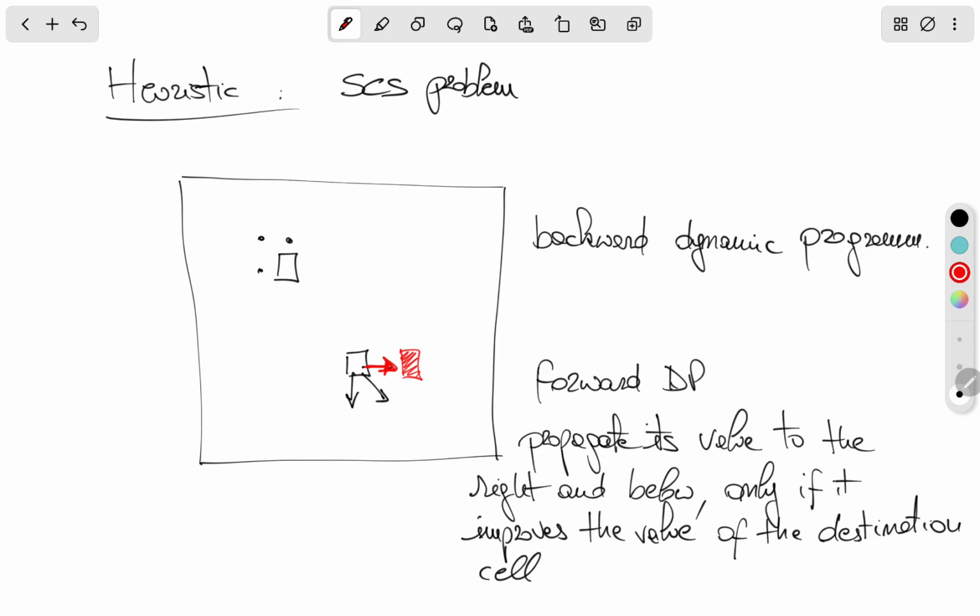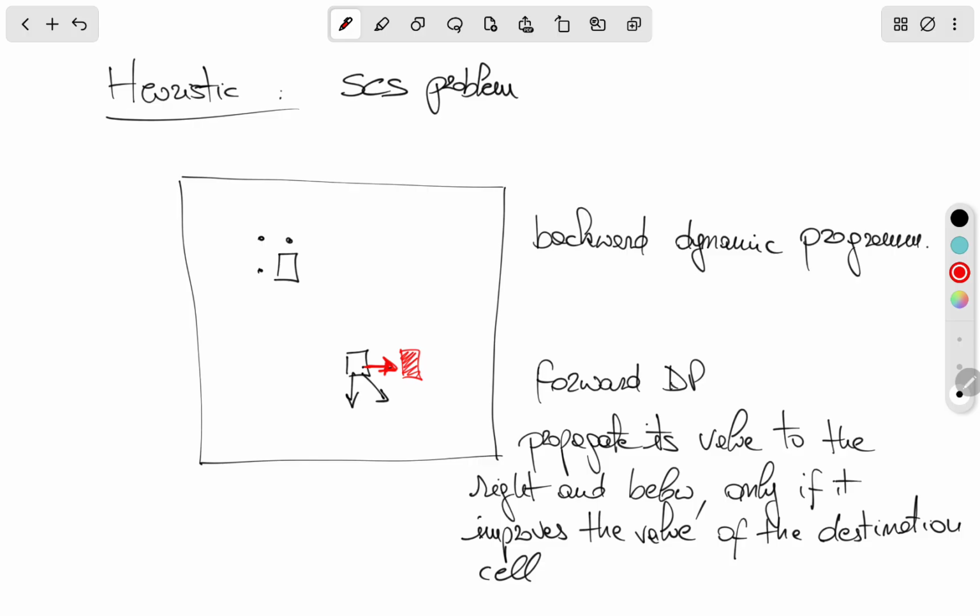You're that close with A star, but no, forward dynamic programming without trimming the search space is not heuristic, it's exact.